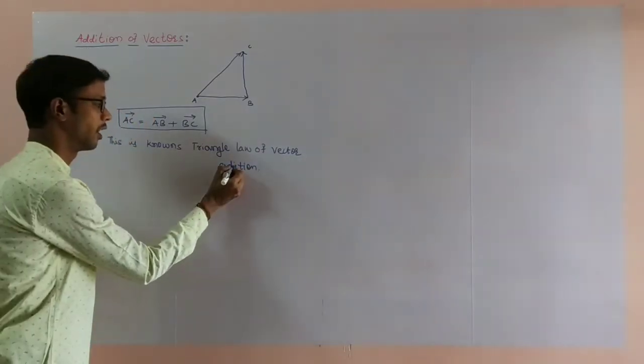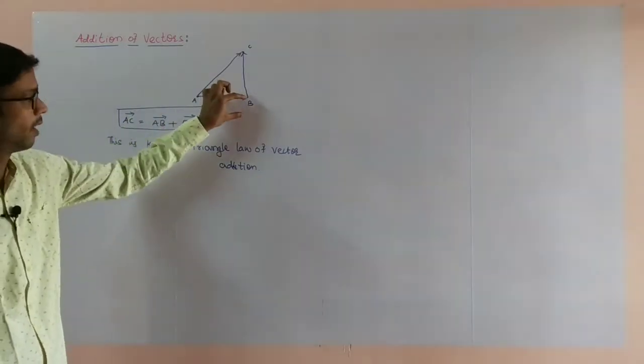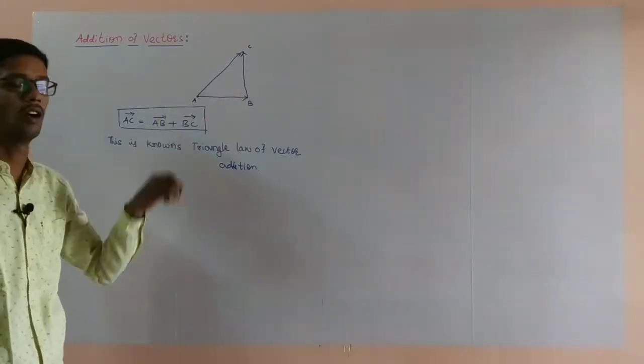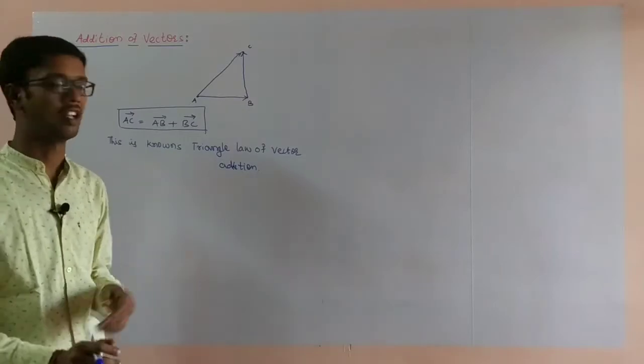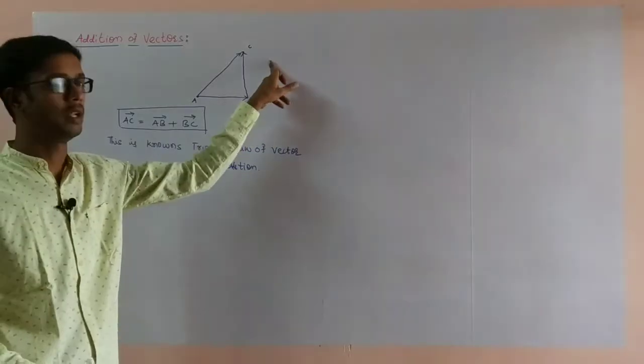AB bar plus BC bar is equal to AC bar. This is called the triangle law of vector addition. The displacement vector AC bar is denoted by AB bar plus BC bar.